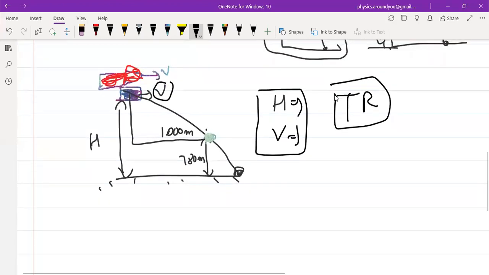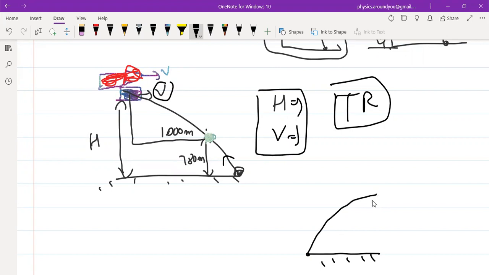So what I do is, first of all, I will take a mirror image of this because it's rather inconvenient. If I play the picture backwards, it will be going like that. No? Instead of that, I will take the mirror image. If I take the mirror image, it looks like this. This height is H. Now, after time reversal, this becomes V. And there is some point over here, which is 780.